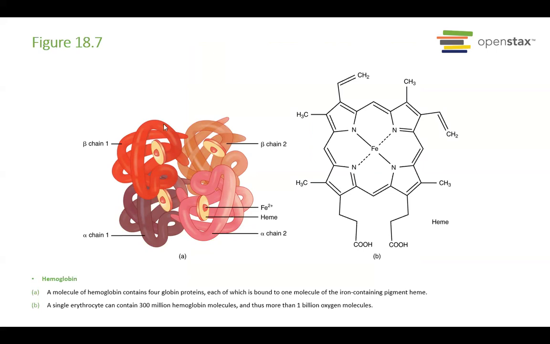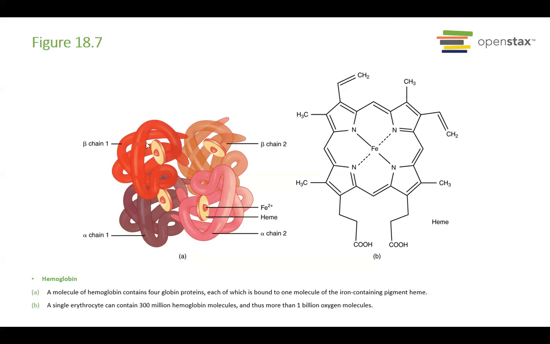Now, who is that? This is very important. That's my hemoglobin. How many subunits do you see here? One with its heme. You see the heme group?